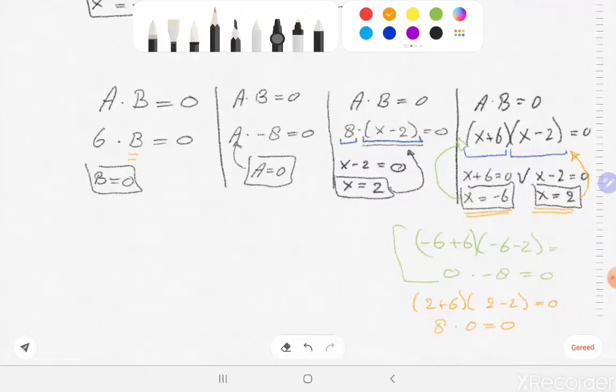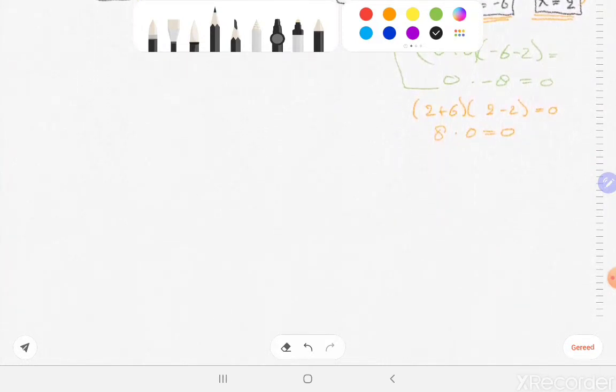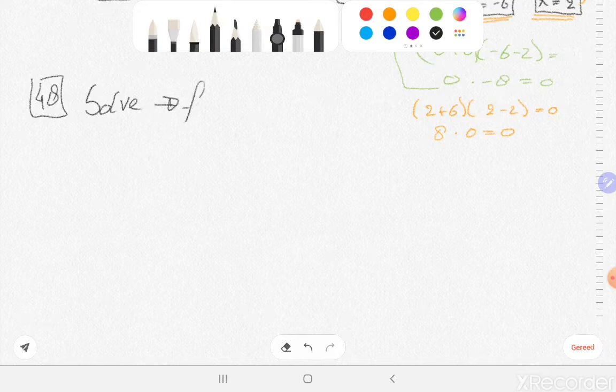If we look at an example of exercise 48, the question is to solve. And solve means that we need to find the x. Which x is possible?